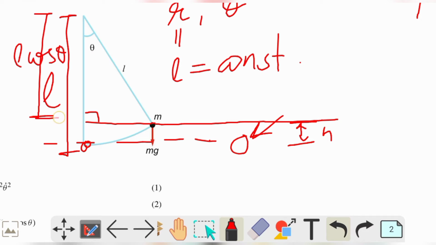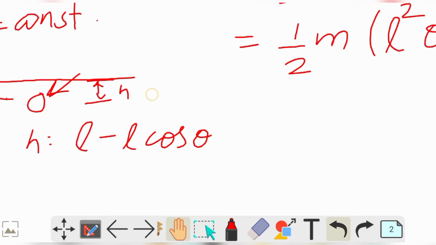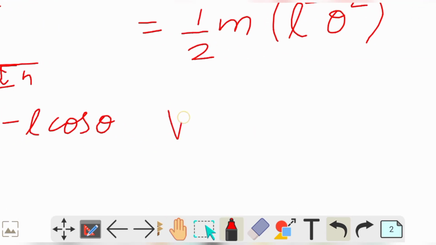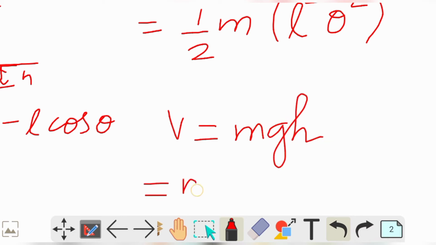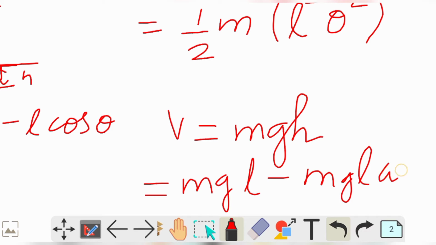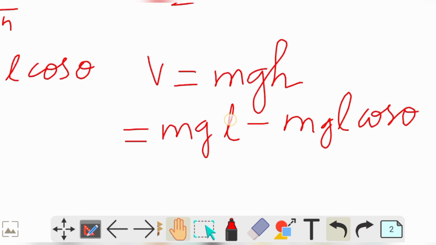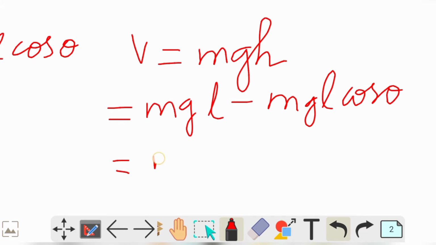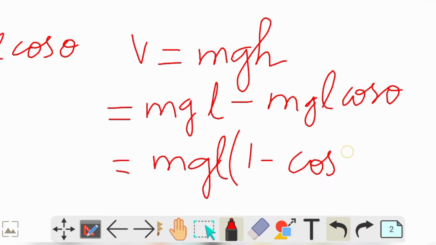So this height is L minus L cos theta. The potential energy is mgh, so that is mgL minus mgL cos theta, or we can write it as mgL common outside, 1 minus cos theta.